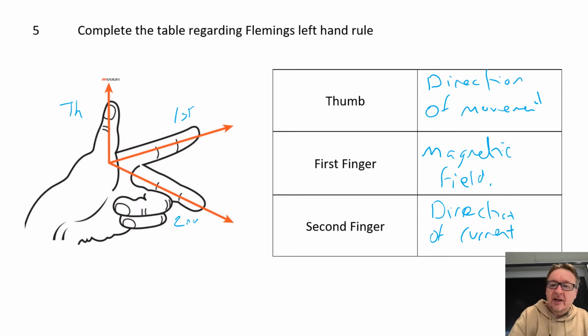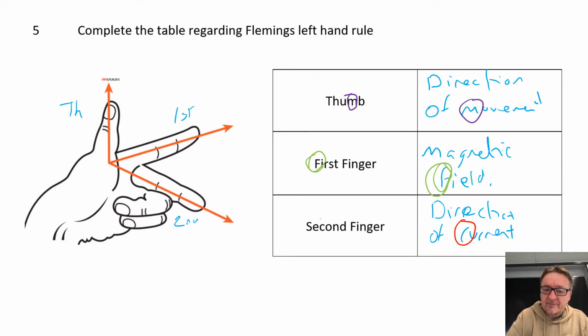Thumb, the M bit, is movement. First finger is the field, the magnetic field. And the second finger is then current.